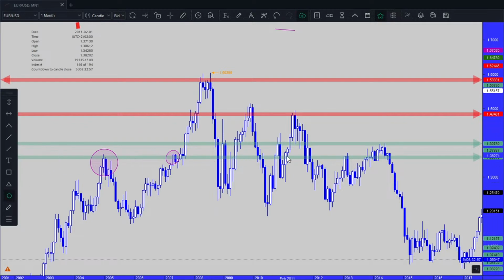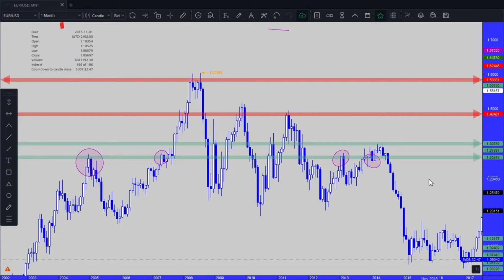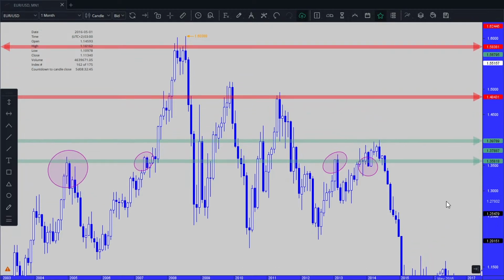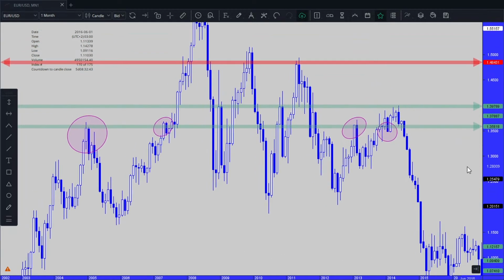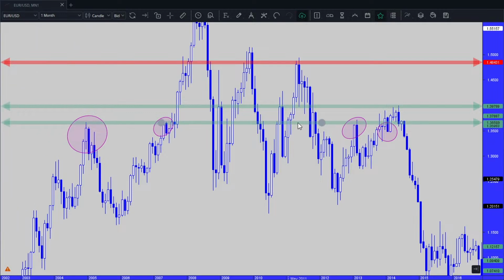Same area, same area, same area here too, right? And not that visible, but still here too, right? Can you see it, everybody? And it doesn't matter if it's a little bit up or a little bit down. Make sense?